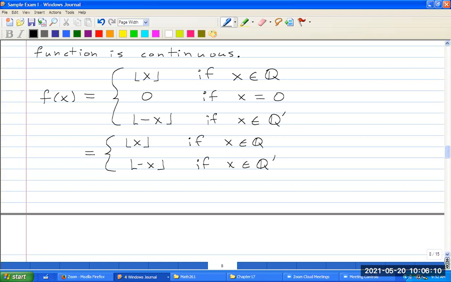So this function will not be continuous anywhere.